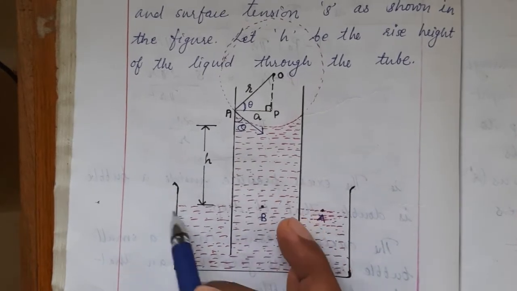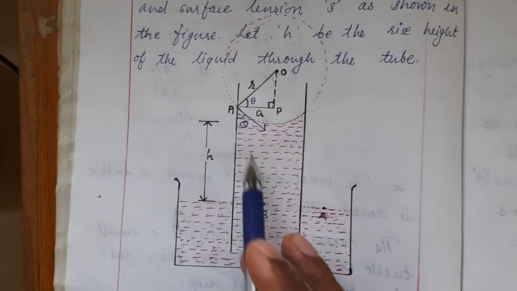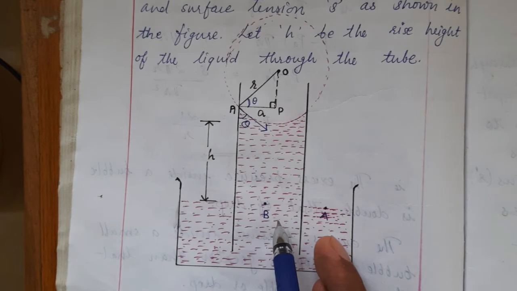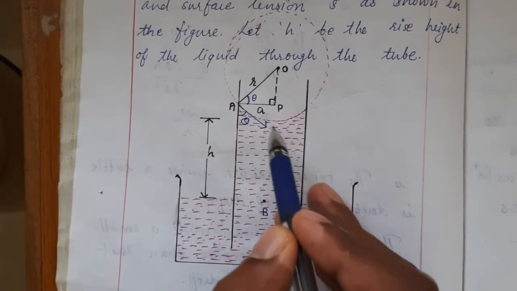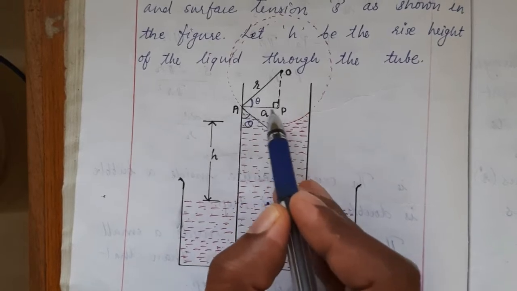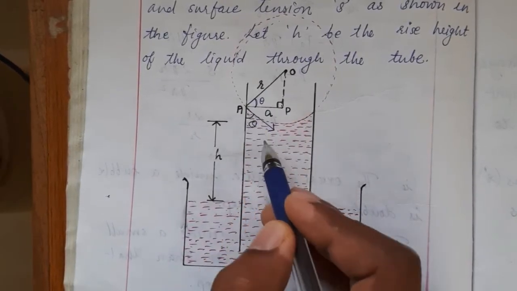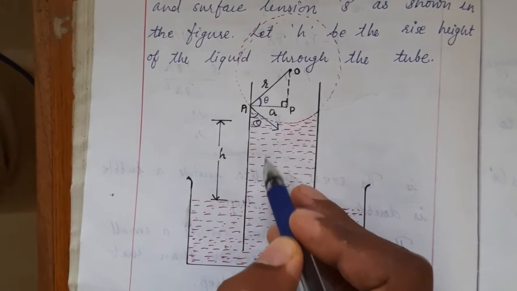You have a container in which a liquid is taken, and a small capillary tube is inserted in that. This liquid will rise up through this capillary tube.